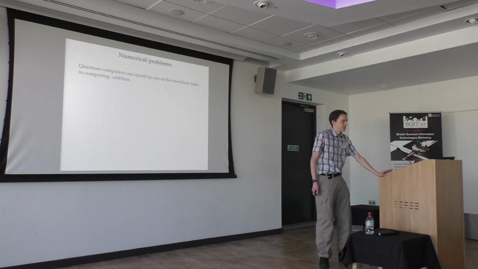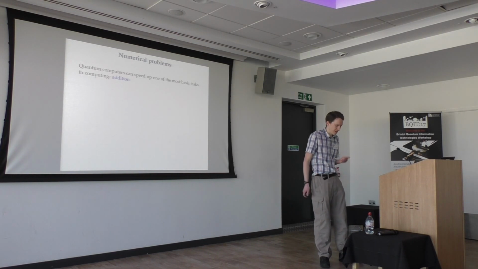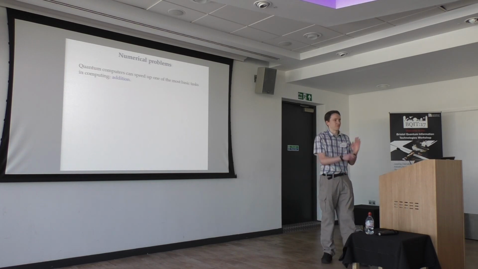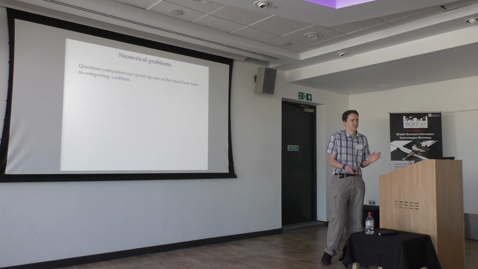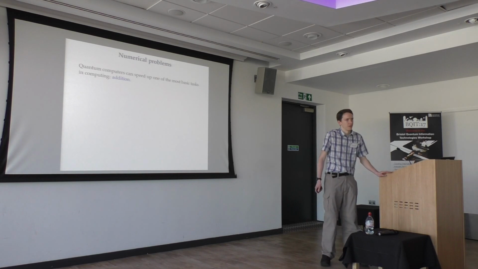Okay, so in the last few minutes I want to mention a totally different algorithm. But first I want to highlight something which is not a result of mine, but I think it's something which is maybe not that well known, so it's worth mentioning, which is as one of the most general purpose things one could imagine that one would try and do with a quantum computer, which is add a bunch of numbers together.